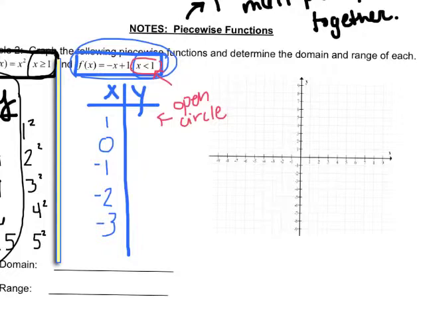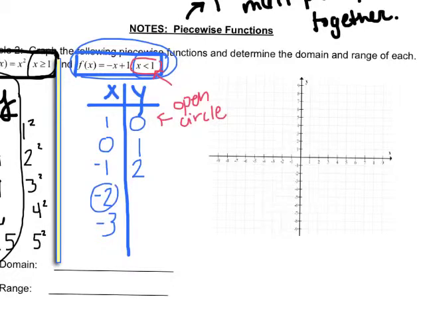So let's go ahead and figure out those corresponding y values. So plugging in a 1 here, negative 1 plus 1 is 0. Plugging in a 0, negative 0 plus 1 is 1. Plugging in a negative 1, negative negative 1 is positive 1, plus 1 is 2. So if you need to do some more math here, I can show you this step if you want.